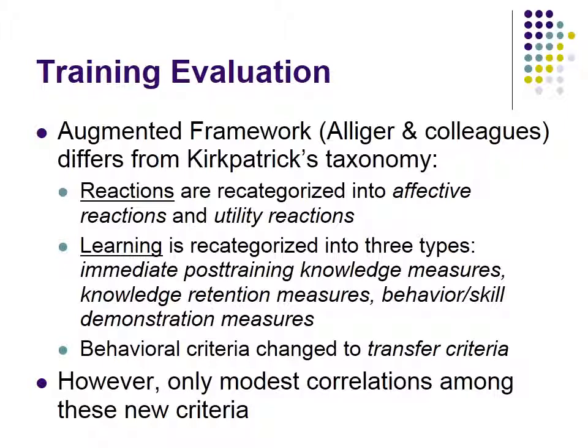And finally, they called behavioral criteria transfer criteria. Now again, there are only modest correlations between these new criteria above and beyond Kirkpatrick's model, which means there's not a strong argument that this is a better way to look at it, but it does give us another framework. In other words, other ways to think about how we can measure training.